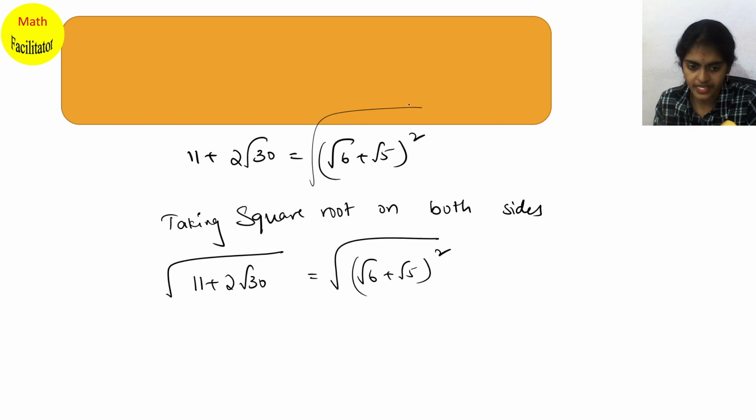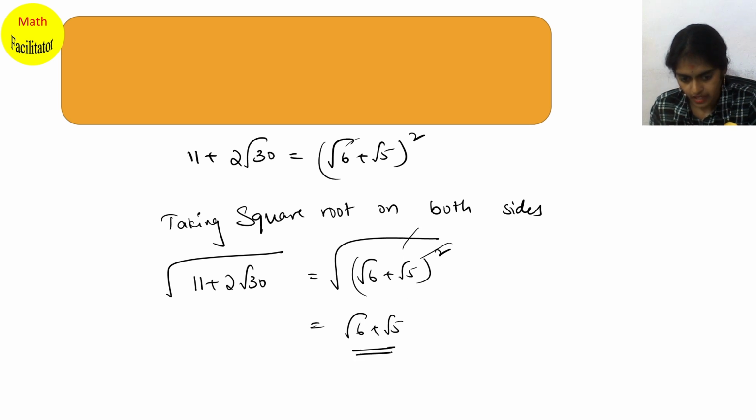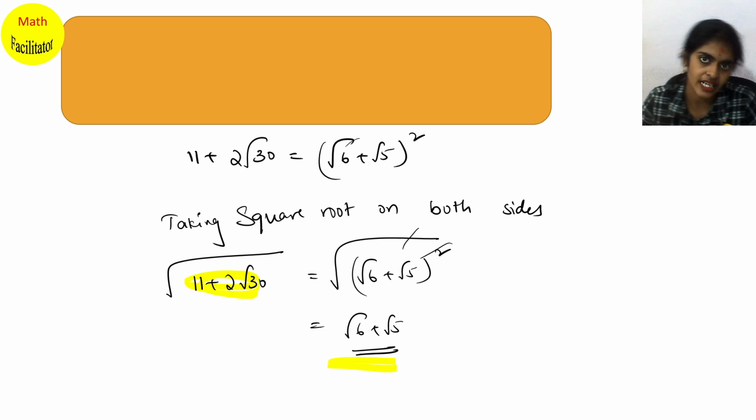So here also you will take a root on both the sides. Now square and square root cancel, so you have root 6 plus root 5. So square root of 11 plus 2 root 30 is nothing but root 6 plus root 5. Did you all understand this?